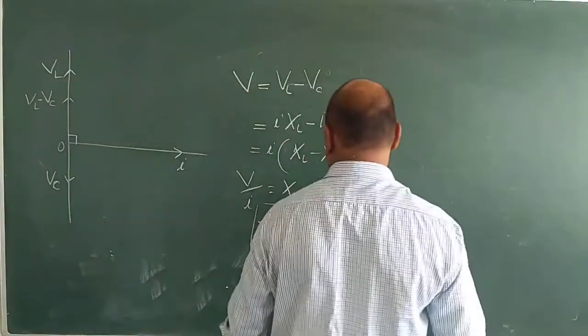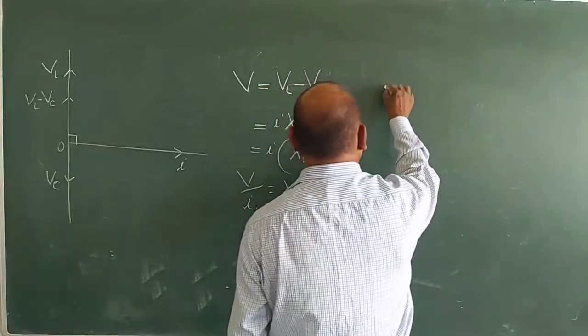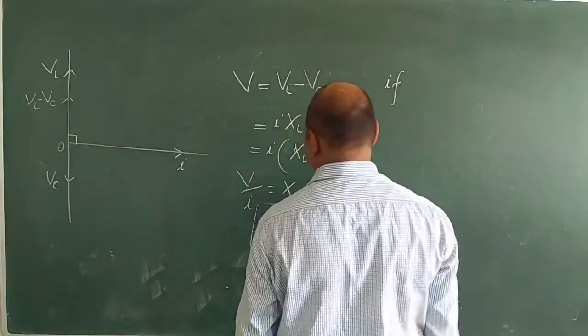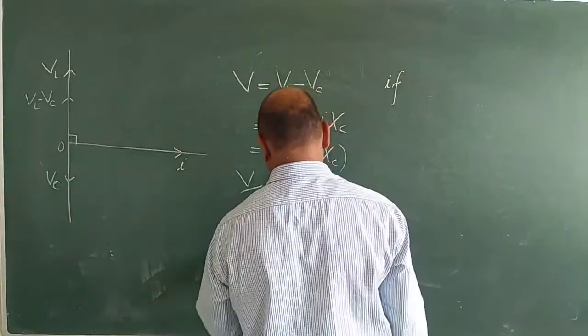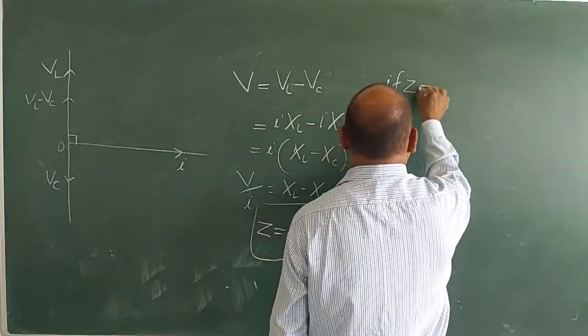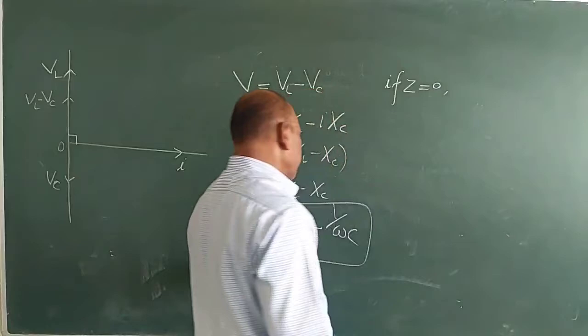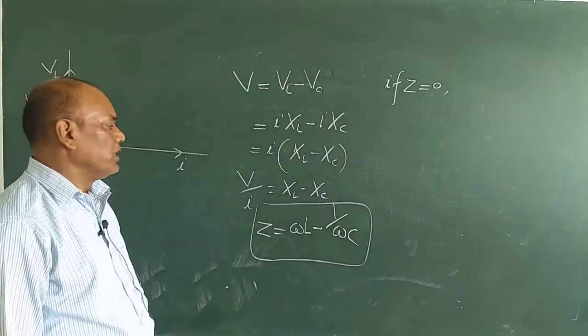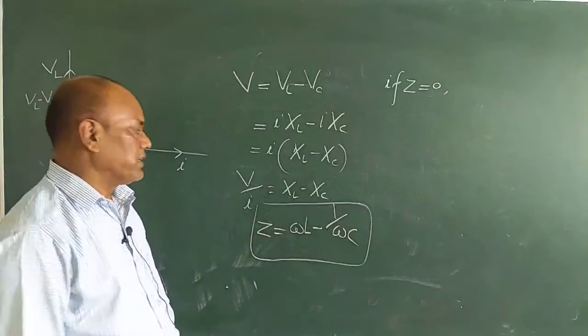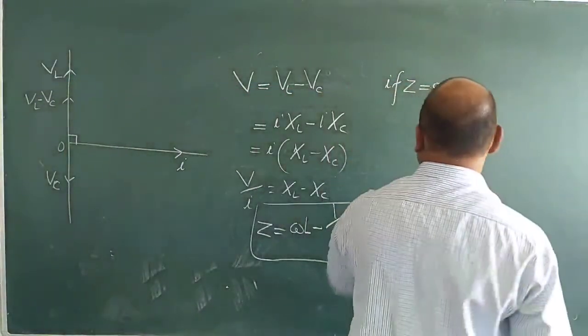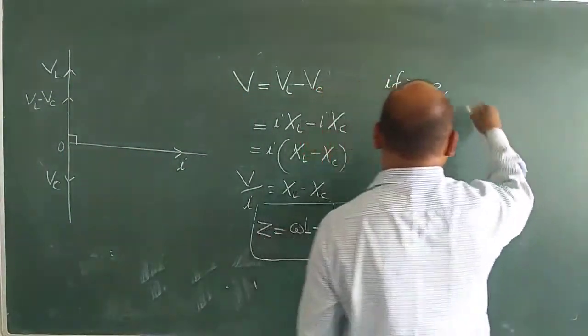Now, if we take a very special case, in the ideal condition, if Z is equal to 0. Actually, this Z will never be 0 due to some resistance in the coil and capacitor, but if Z is taken as 0, then what happens?